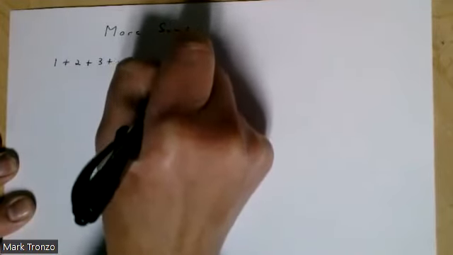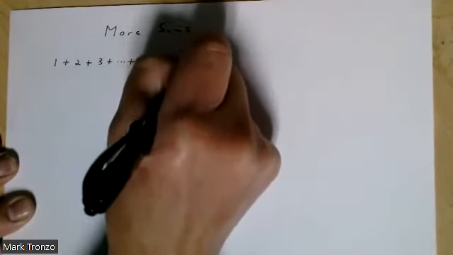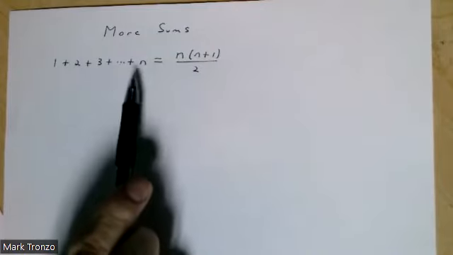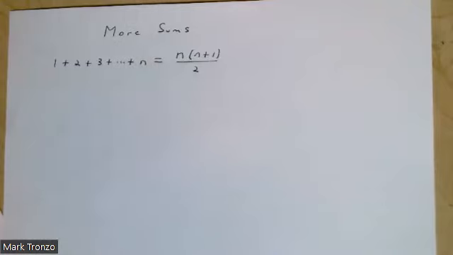That's going to be equal to n times (n plus 1) over 2. So whenever you're adding up consecutive numbers up to n, that whole sum will be that.